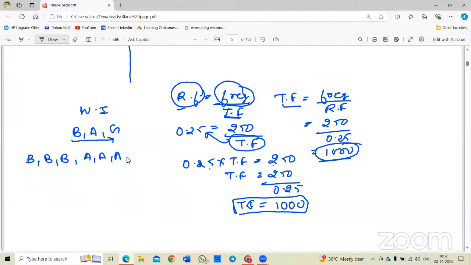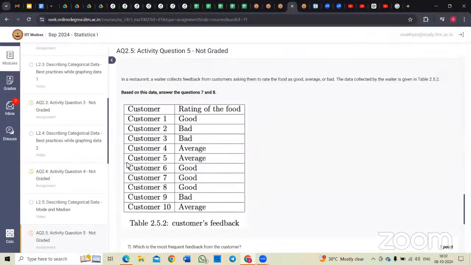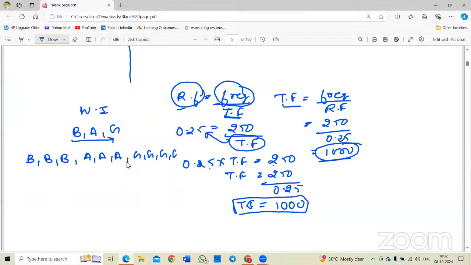Then comes the good. There are 4. So what is the median here? There are 10 values, so the median will be average. Average is the median only. You're not getting any good. Oh, I have to order it. Yeah, you have to order it. Just make that thing clear: in median, you have to first sort it out, then only you can calculate the median.